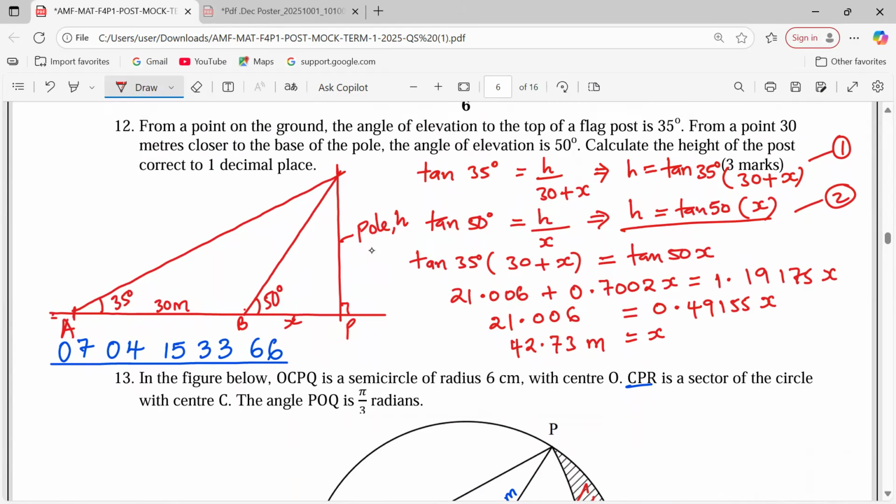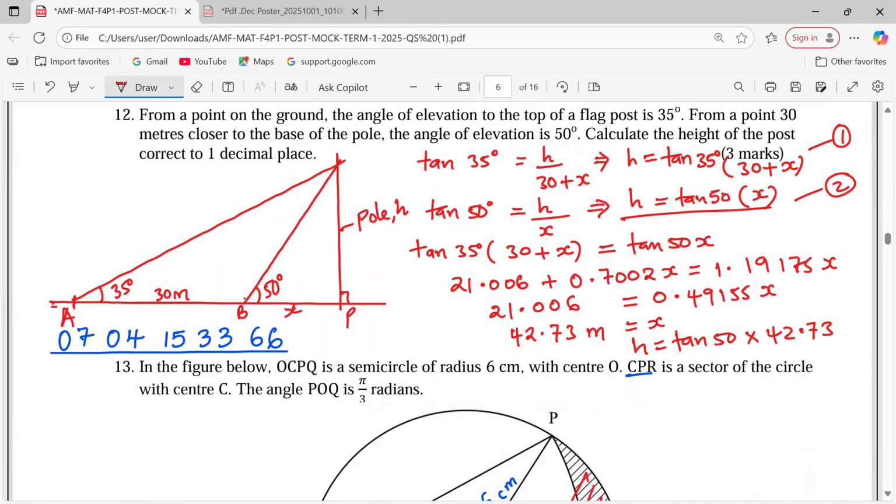We can now find h using either expression 1 or expression 2. From expression 2, h equals tan 50 multiplied by, instead of x, 42.73.